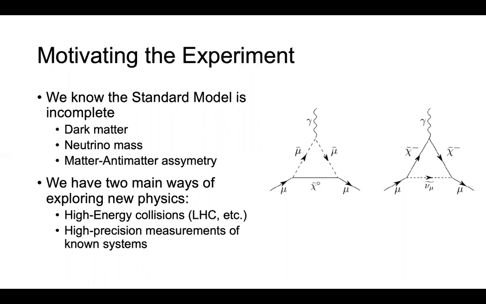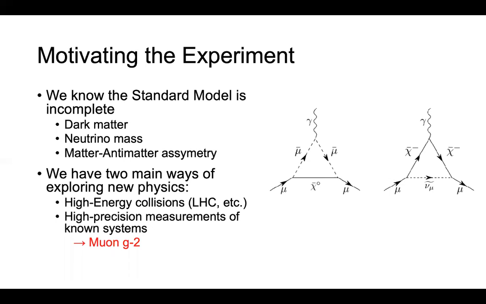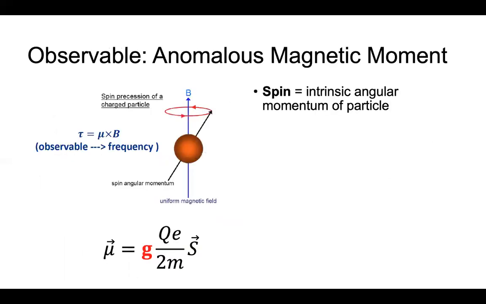And then we also know how to observe it experimentally to a high degree of accuracy, and then compare those numbers. If there's some discrepancy, then we're going to see some new physics explaining why theory isn't matching with experiment. And that's exactly what Muon g-2 sets out to do.